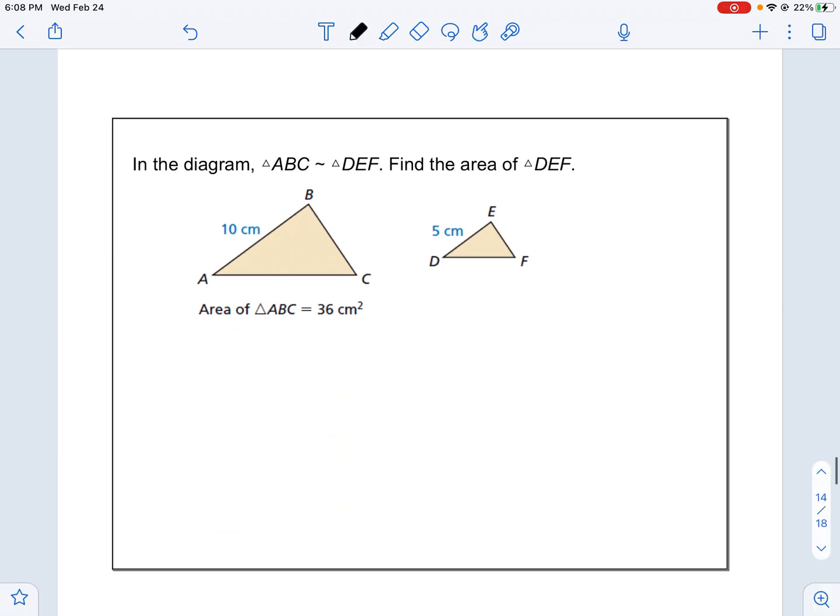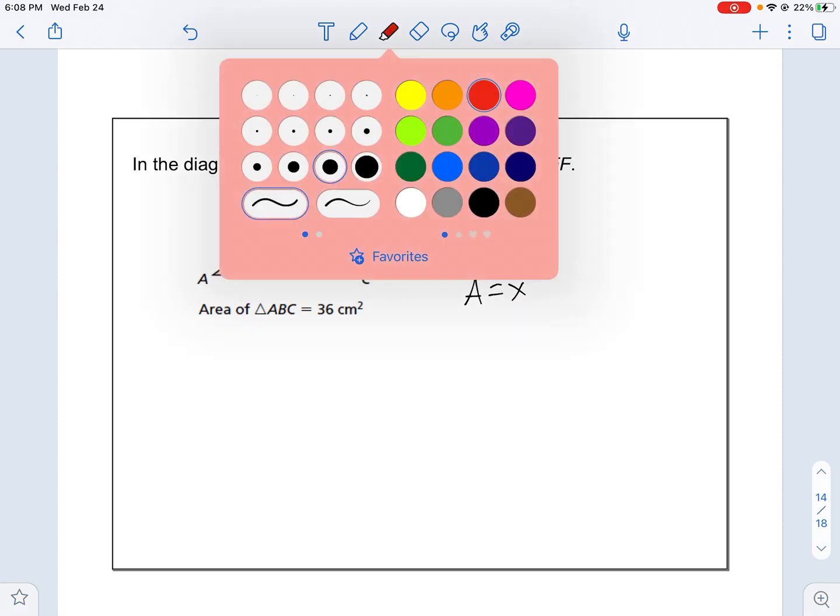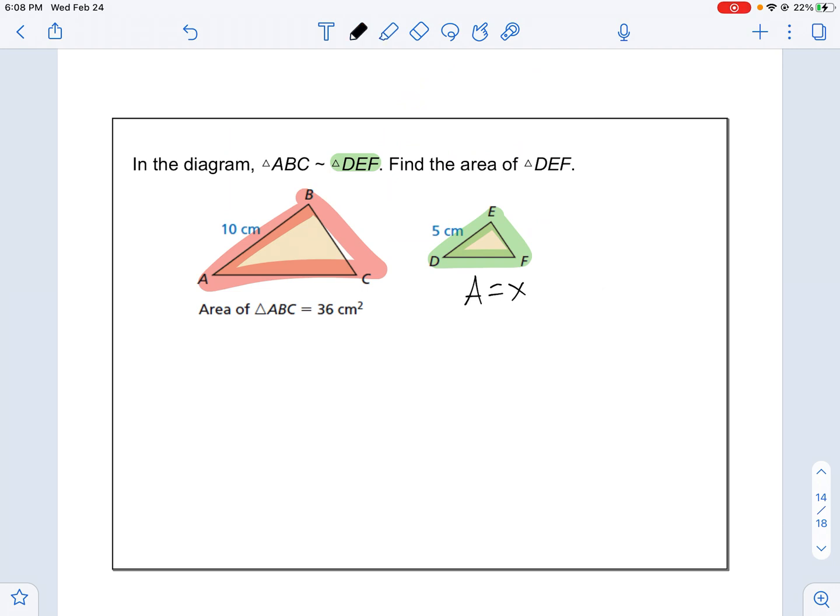All right. We don't know this area, so it's x. This is where we're going to, and this is where we started. So we're going to have area over area equals side over side squared. Since this is where we're going to, these are going to be our top.